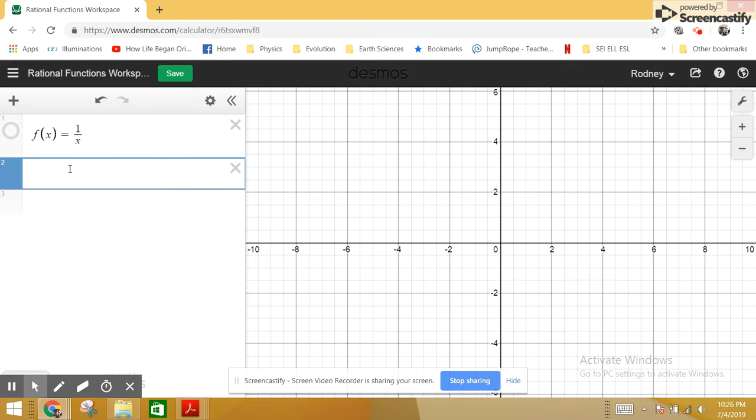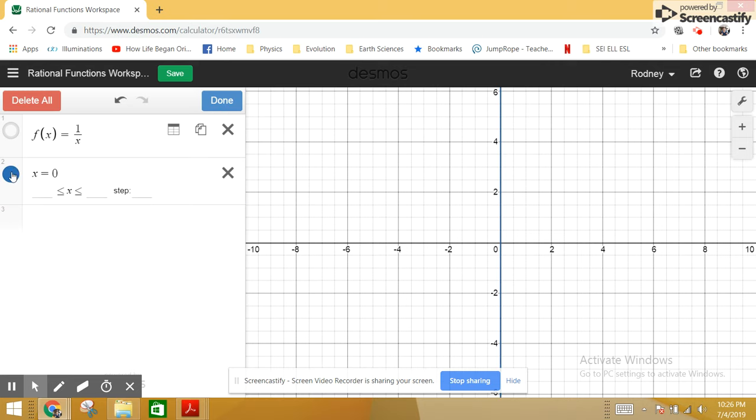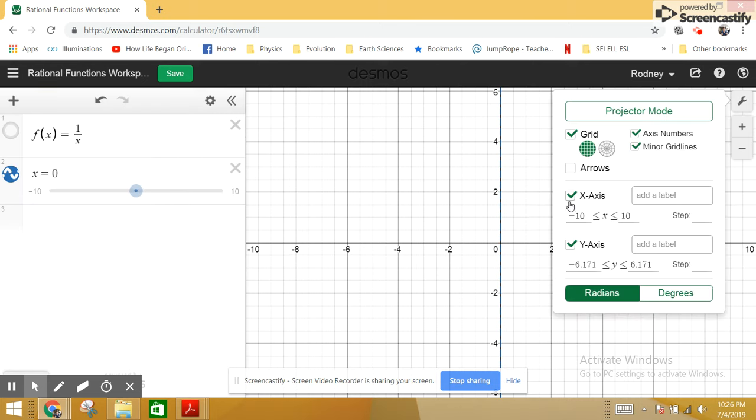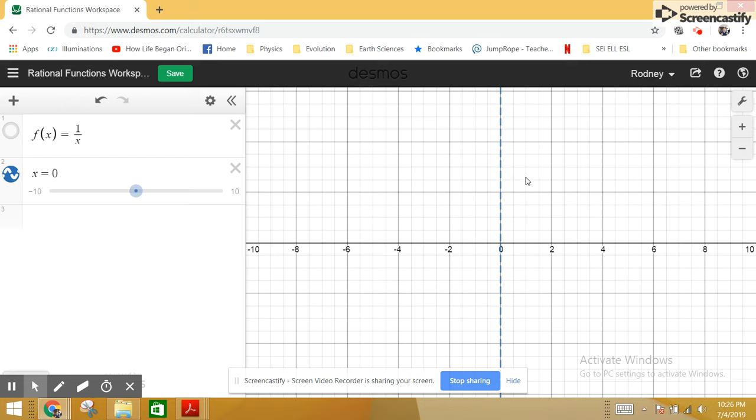So I'm going to start off by setting up a vertical line at x equals 0. And I'm going to make that vertical line a dashed vertical line. Now, you can't really see it so well because the y-axis is there, but I can actually turn off the y-axis so it's visible. So there's the y-axis.